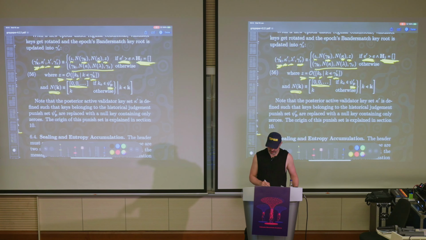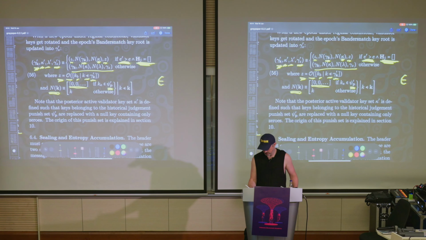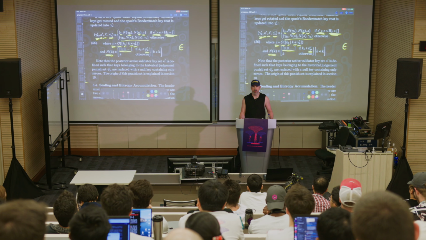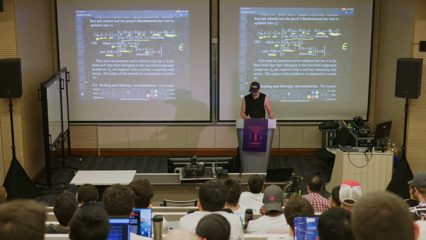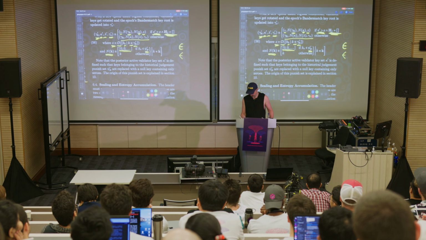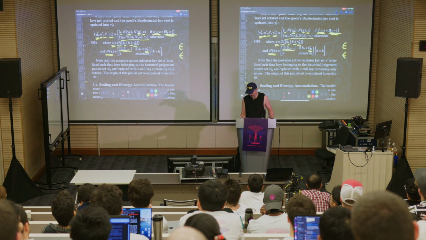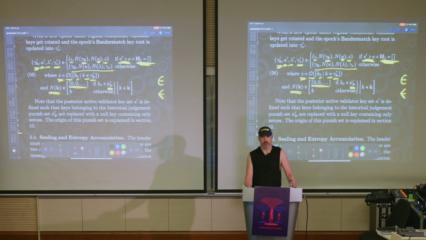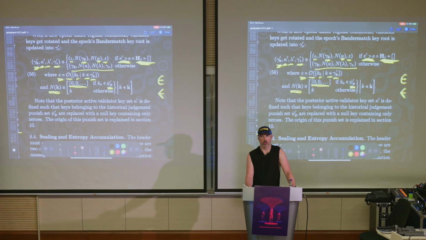This funny symbol here, if you're familiar with maths, you probably know this symbol, member of. This symbol is essentially the same, but it's a bit more angular. And it means not just member of, but also in the right order.